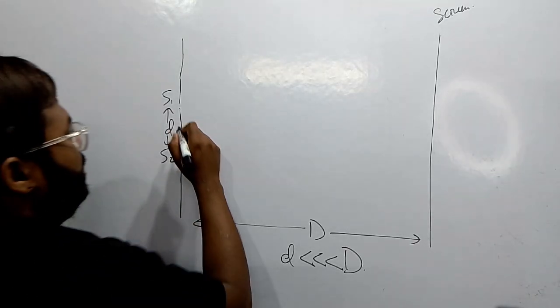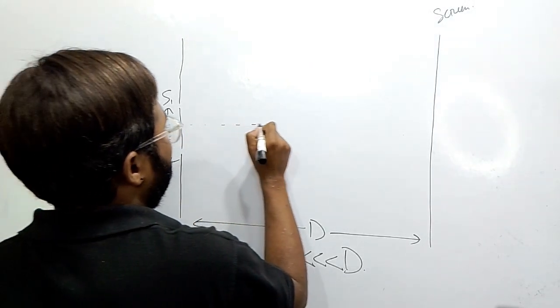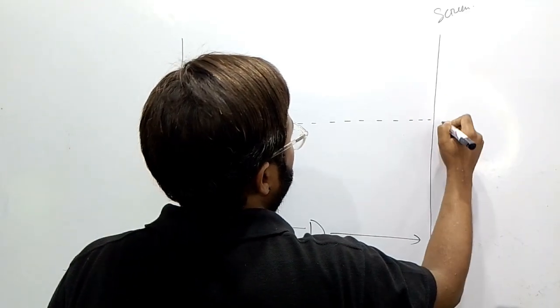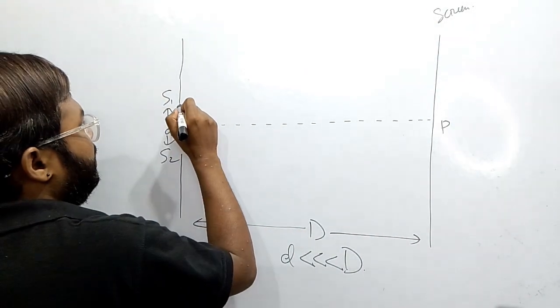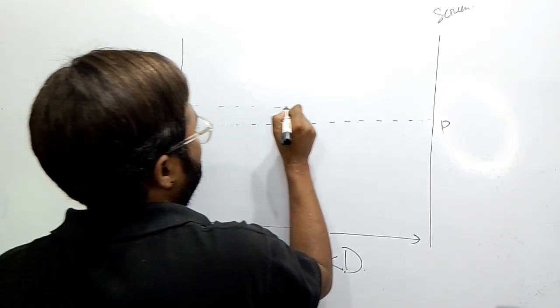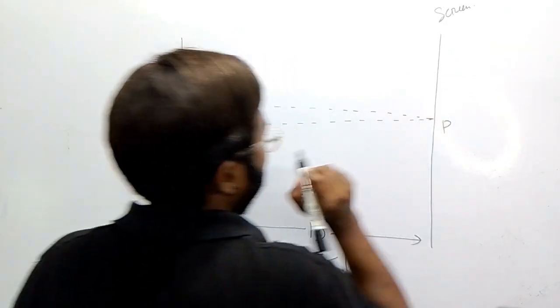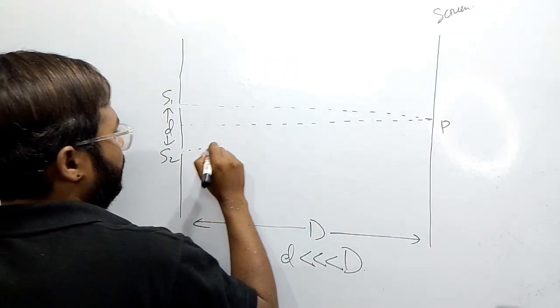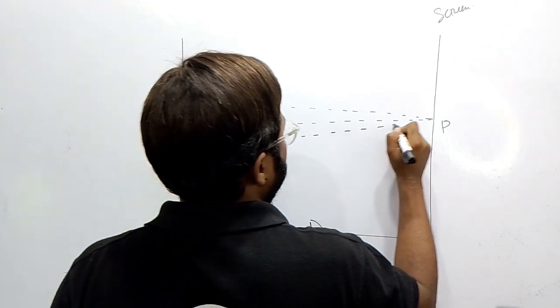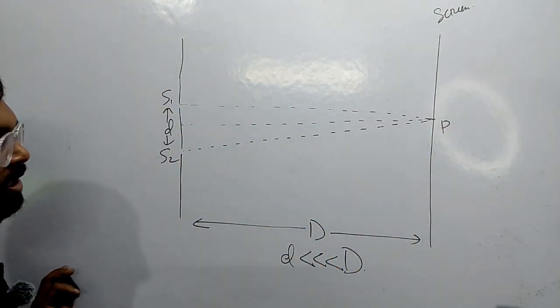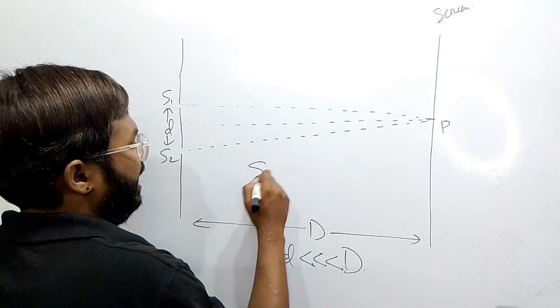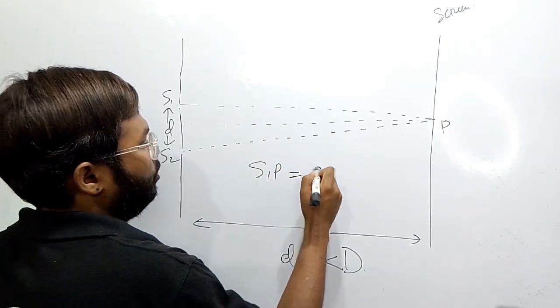Clear now? So in the middle, you can consider this point as P, and here source 1 will produce light here and here. You can see S1P equals S2P.